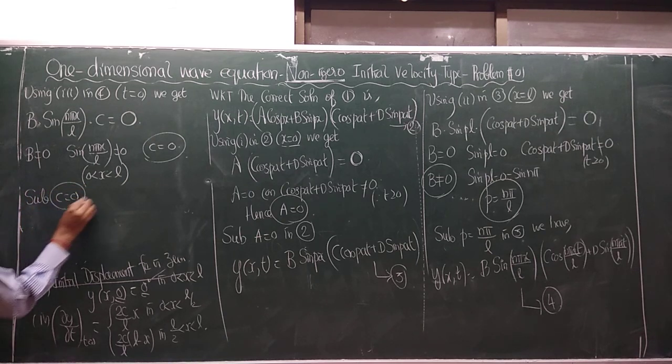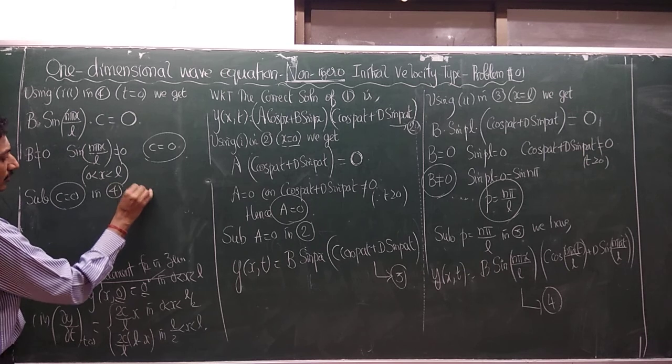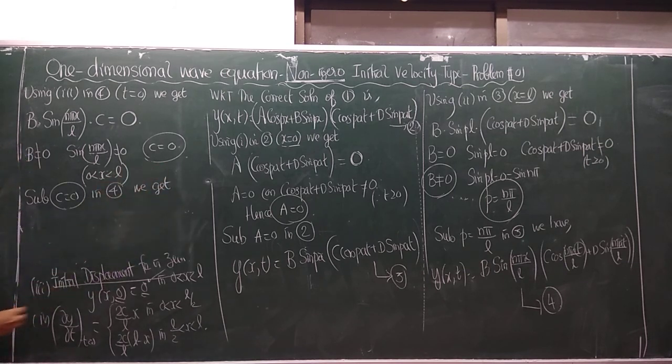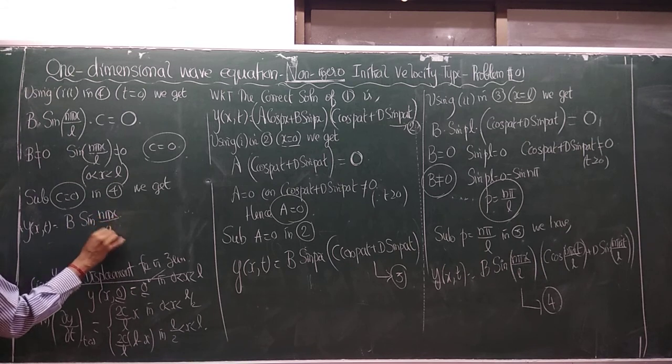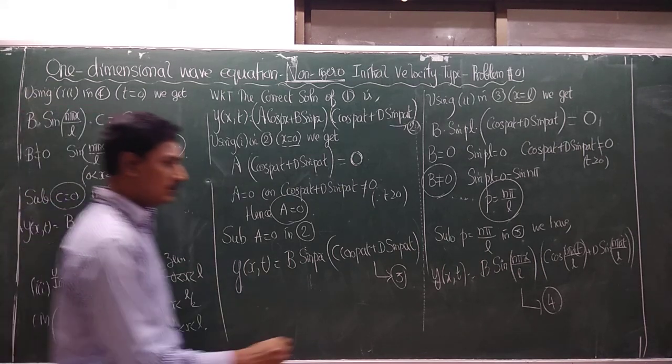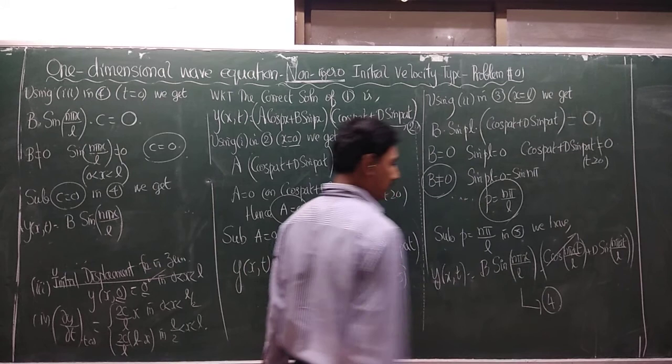So only one possibility in the fourth equation. We get y of x comma t is equal to, what is it? b into sin n pi x by L. Now this time c is 0, so c into 0 is 0.